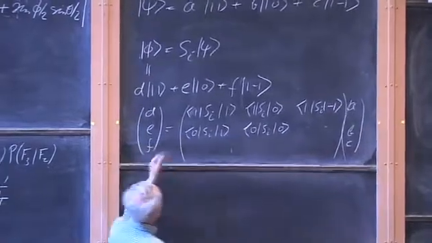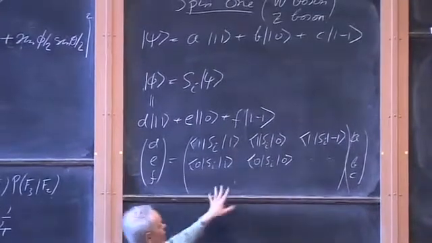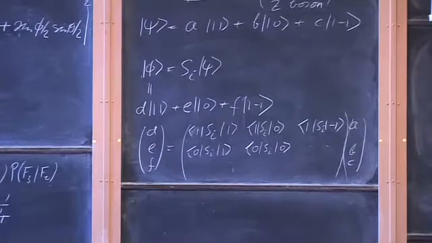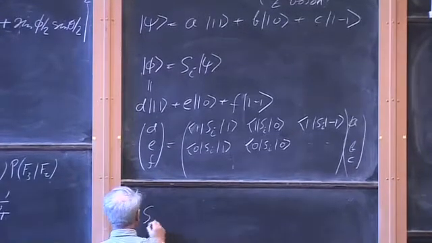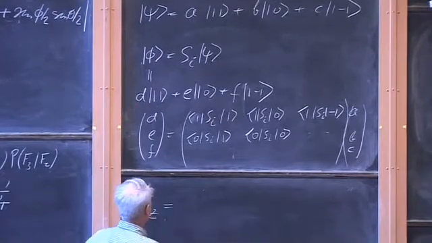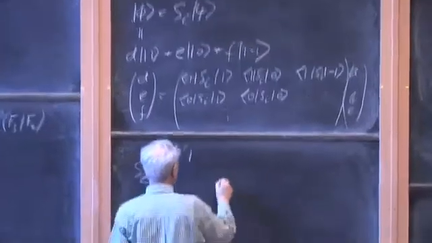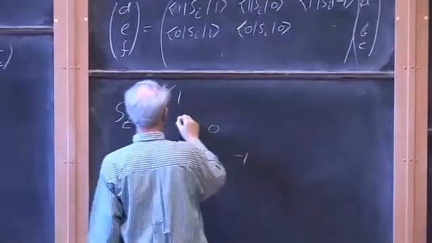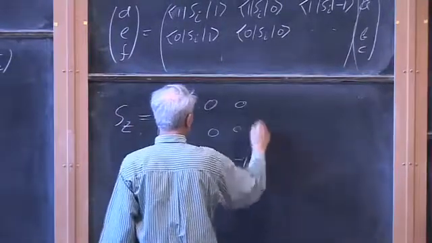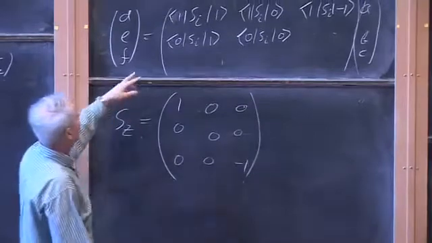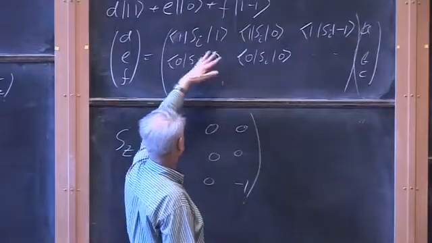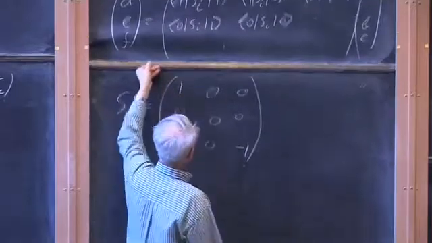We'll have 3 matrices, 1 for Sx, 1 for Sy, and 1 for Sz. Sz will be the easy one to do. Sz will be the matrix of its eigenvalues down the diagonal, so that'll be 1, 0, minus 1, and 0 everywhere else, which follows immediately from the fact that Sz on this produces 1 times this, and so on.